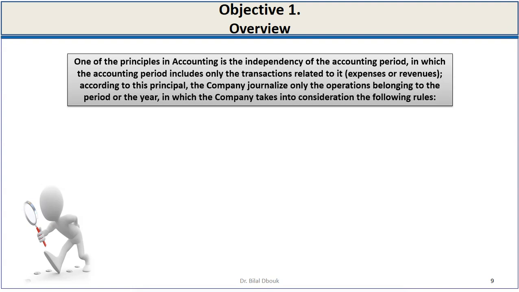So each accounting period, each fiscal year, must have its own specific expenses and revenues. So the company must journalize only the operations belonging to the period or the year, taking into consideration the following rules.